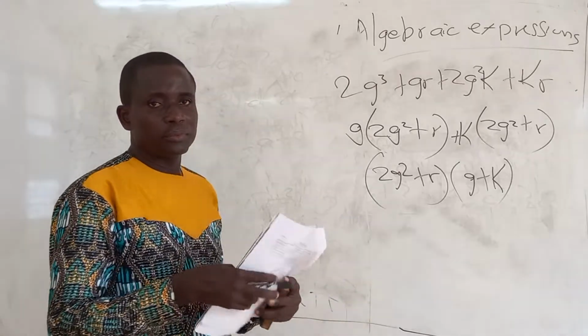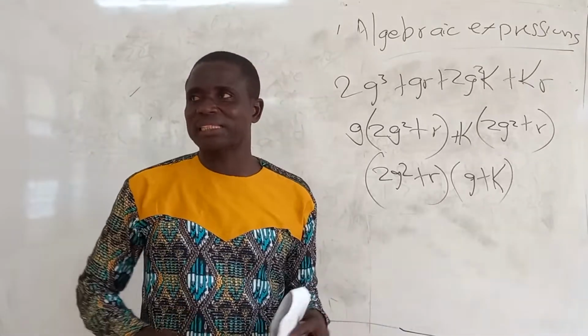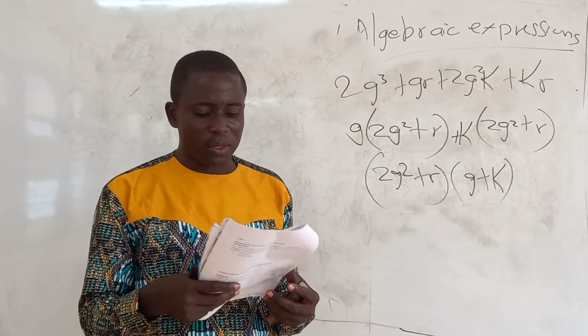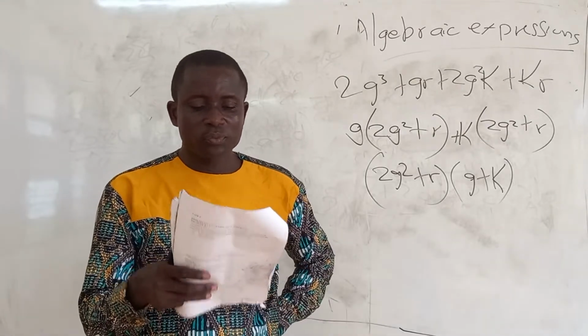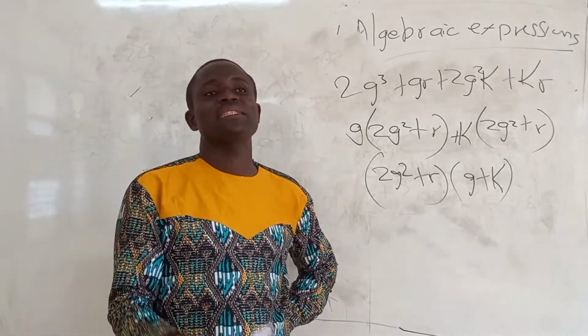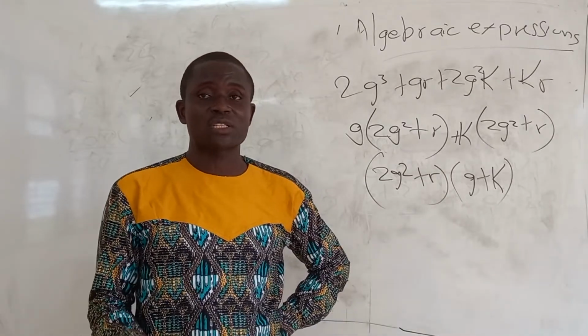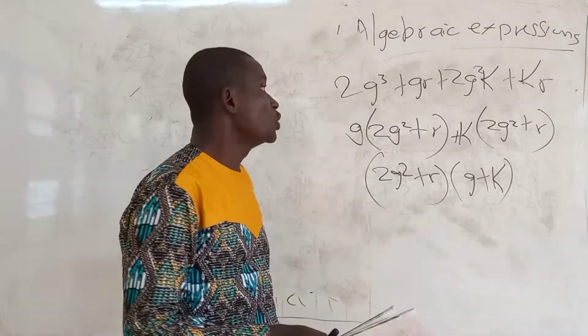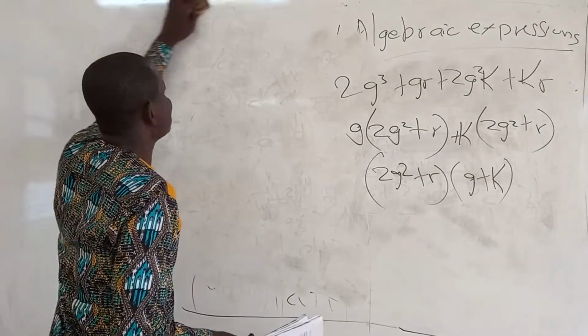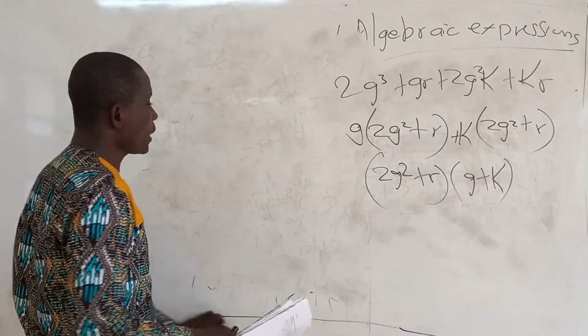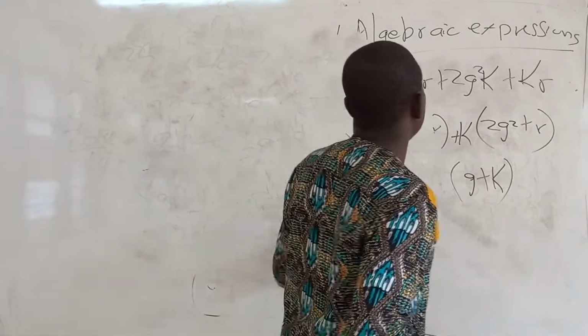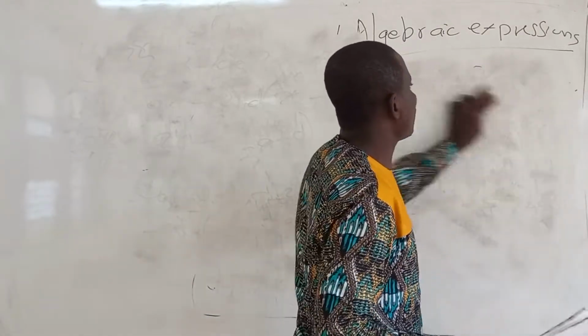Okay. I think we can practice this to get more insight of this. So right now, I want us to revisit something. I think we've treated it before, but I want us to quickly look at that. Because very soon, we shall be moving to factorization of quadratic expressions, which is still under the algebraic. So let us try and get this very well, so that when it is time for us to do that, we can work on that. Exactly.